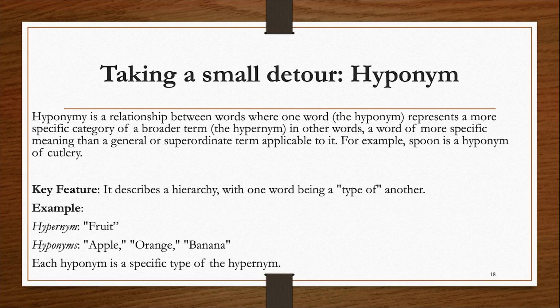It describes a hierarchy, a type of another. For example, the hypernym could be fruit, and hyponyms would be apple, orange, banana. The hypernym could be car, and hyponyms could be an SUV, a hatchback, or say a sports car. So each hyponym is a specific type of the hypernym.